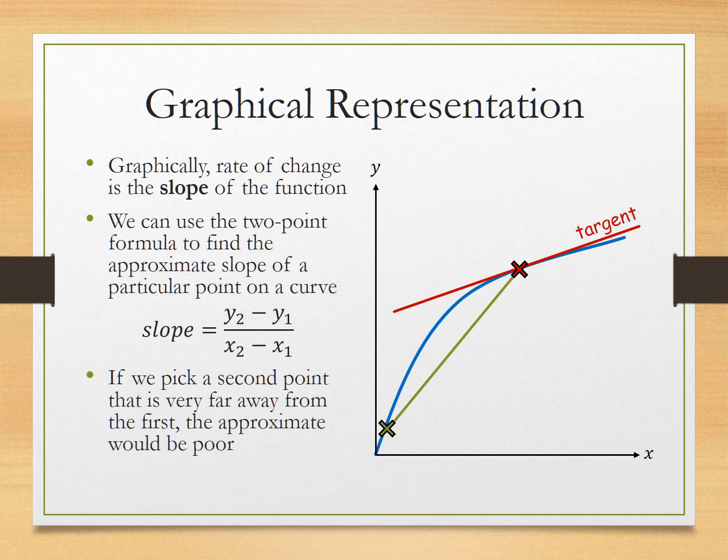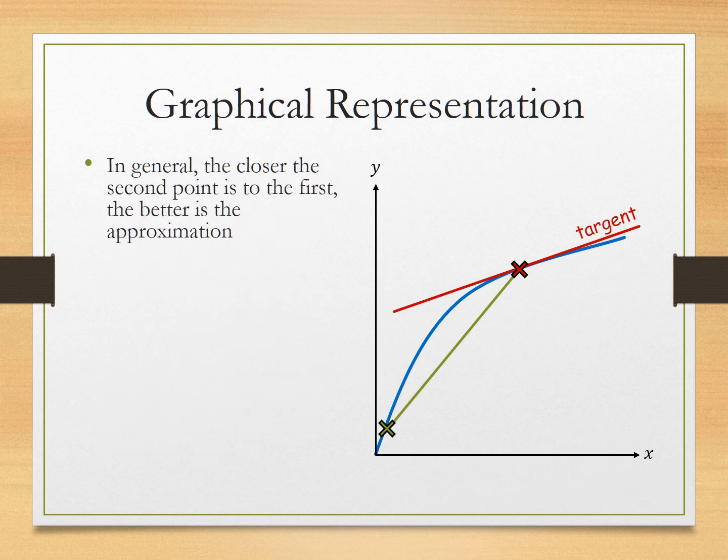So what do we do? If you only know high school mathematics, and remember, before Newton everyone only knew high school mathematics, there was no calculus before Newton. So what do you do? Well, you can try to improve your approximation. The approximation gets better if you pick a point that is closer to the point you're trying to find the slope for.